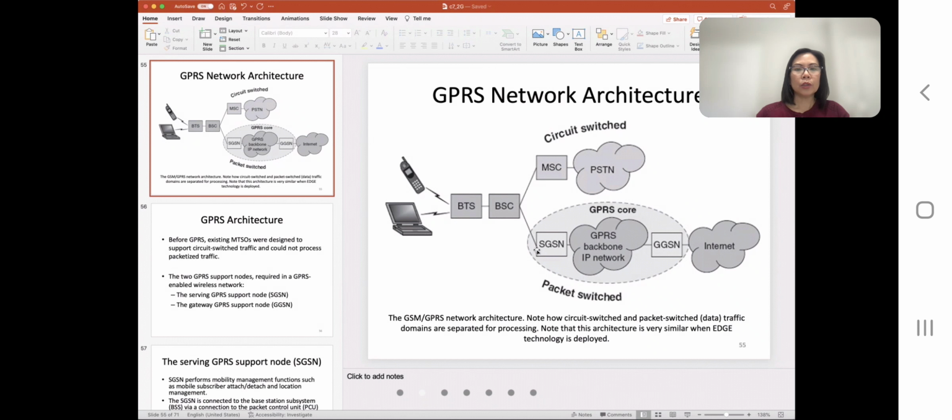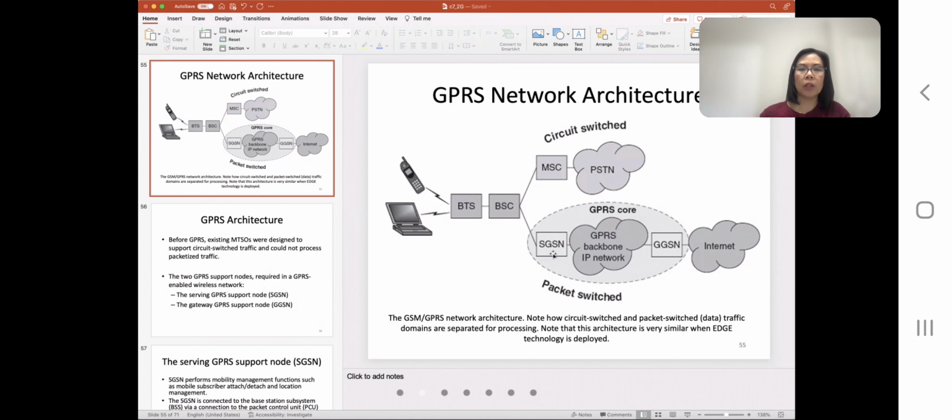Then there are the two components we talked about before, the serving support node GPRS and the gateway support node. The gateway support node is connected to the internet, as its name says, gateway. And then the serving node is connected to the base station controller.